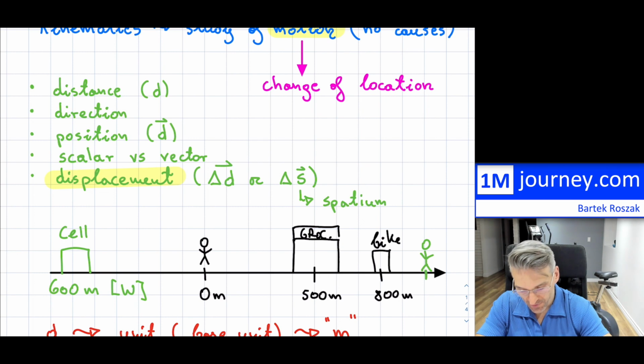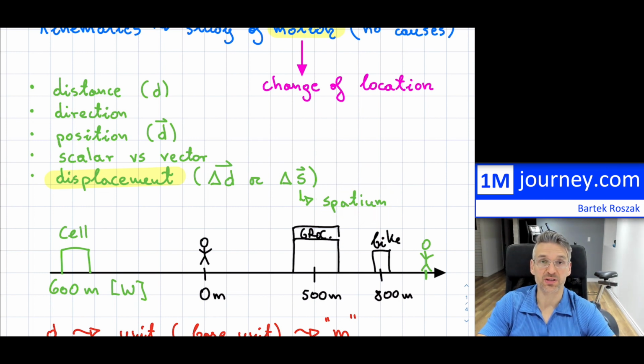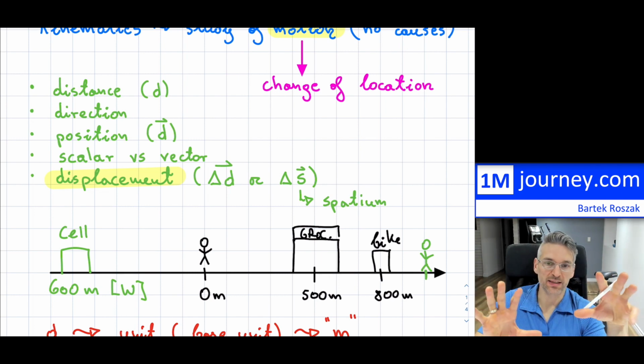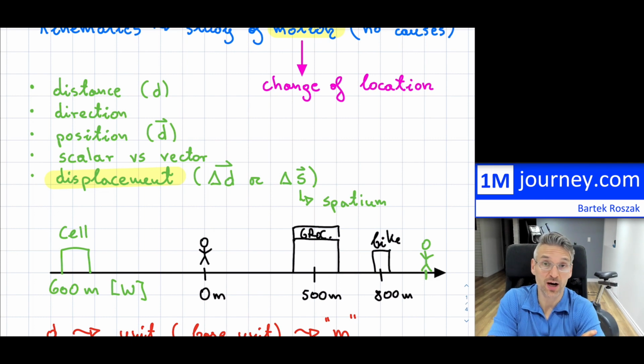The S is spatium, and it comes from Latin and means just space. But for us, especially in high school, you will typically use just distance. So be careful whoever is writing these out, and don't be surprised if people use a little s instead of a little d for these.